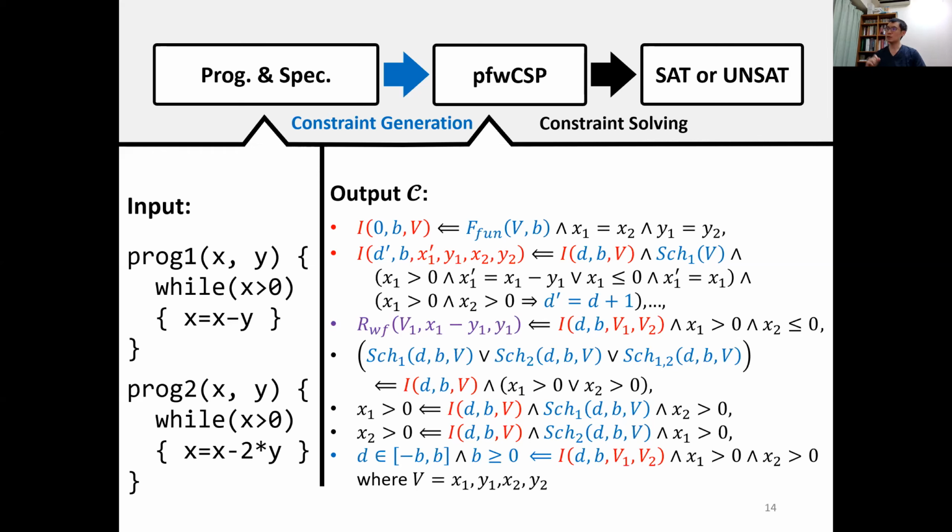Note that this bound can depend on the state. This happens at the initiation phase. It says that initially you pick a bound based on the input values of the program. This is a predicate, a functional predicate variable.